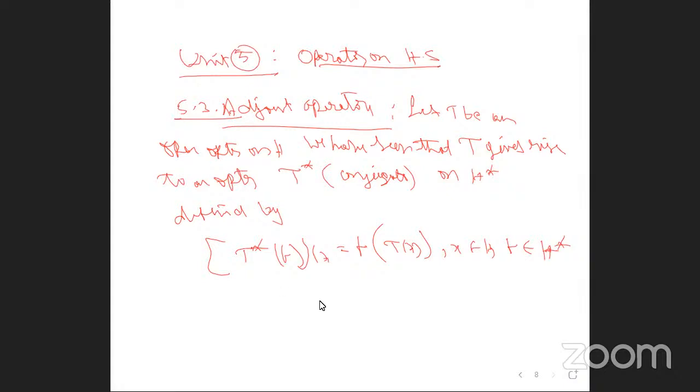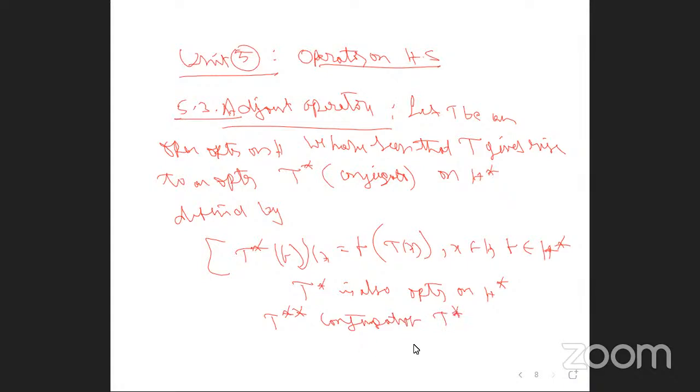T star is also an operator on H star. T double star is the conjugate of T star.